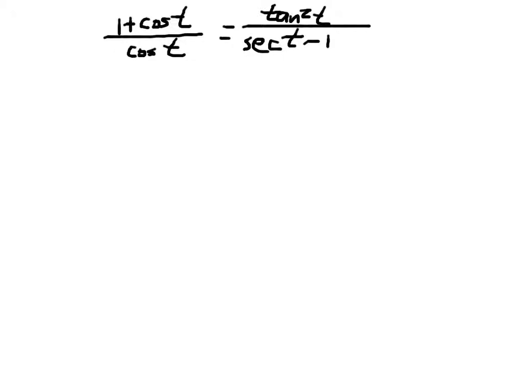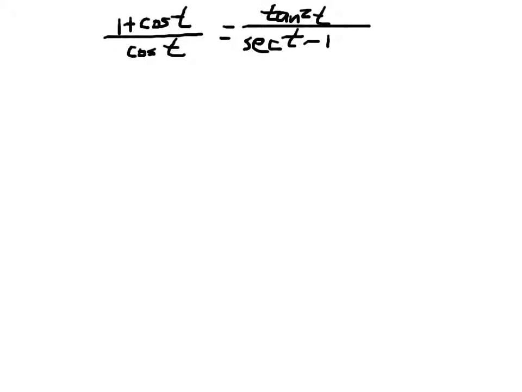Let you look at that one for a second. In fact, I'll give you about 10 seconds here. And think about what side are you going to attack first. Well, I don't think it's quite obvious at this point.